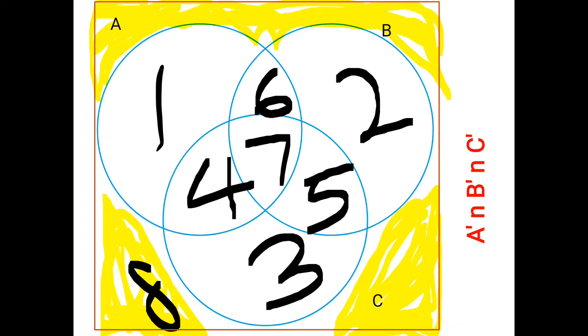So A complement intersection B complement intersection C complement. That is the part we have shaded. It means it is not found in any of the 3 regions.